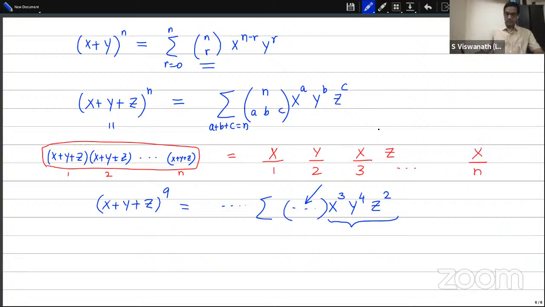So what will this expansion finally give me? It will be a sum of many such words, things like x, y, x, z, and so on. This is one word, and I'll get many such. I'm going to get all possible words in the letters x, y, z with total n letters.